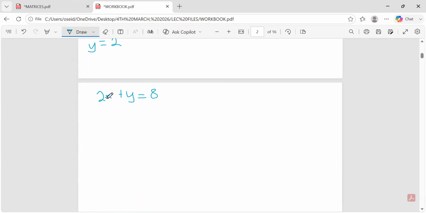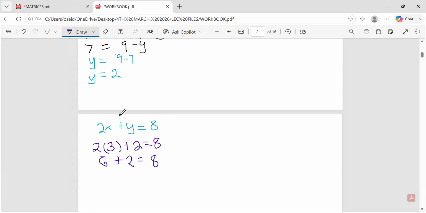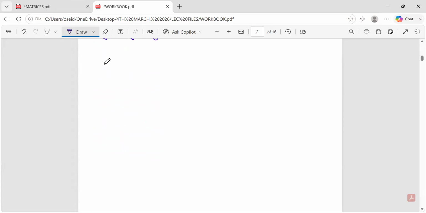We are just inserting the values of x and y to check that what we had is correct. So 2 bracket 3 plus 2. We are going to get 6 plus 2 equals 8, right? So 3 times 2 is 6, plus 2 equals 8. Hence, our values for x and y are correct. Alright.